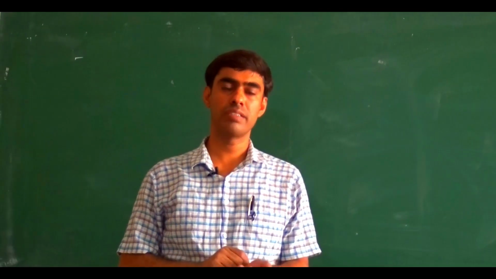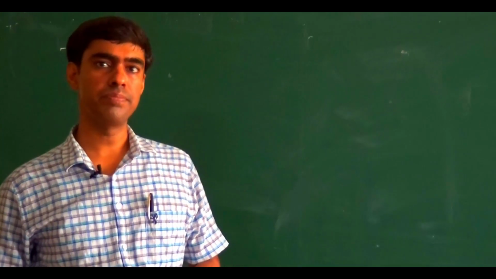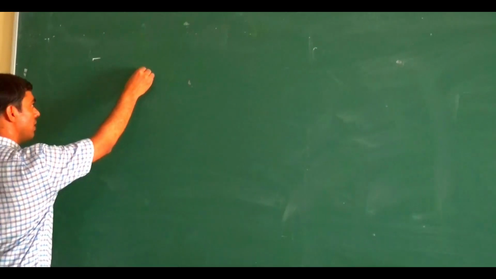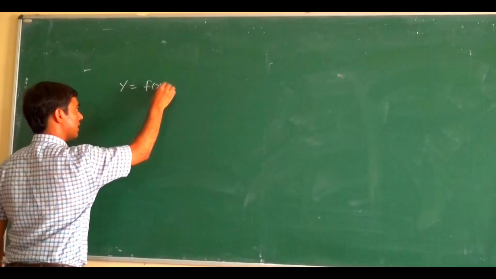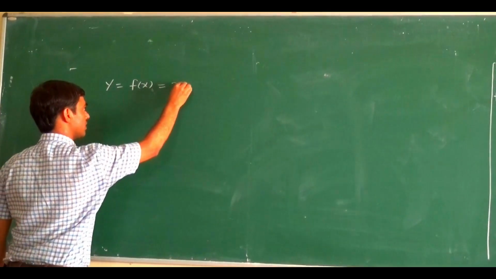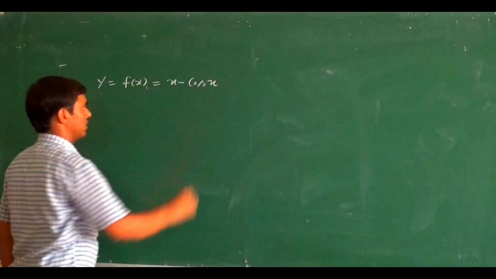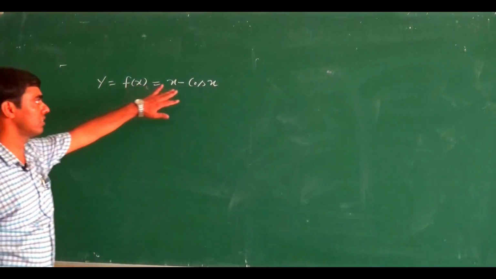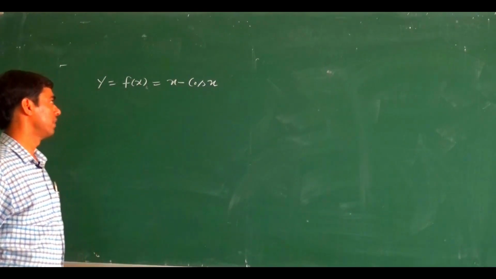We try to discuss how we solve the transcendental equation by the bisection method. Suppose here we consider y equal f of x equal x minus cos x. This is a transcendental equation. Why? Because there is an involvement of a special function, cos x.